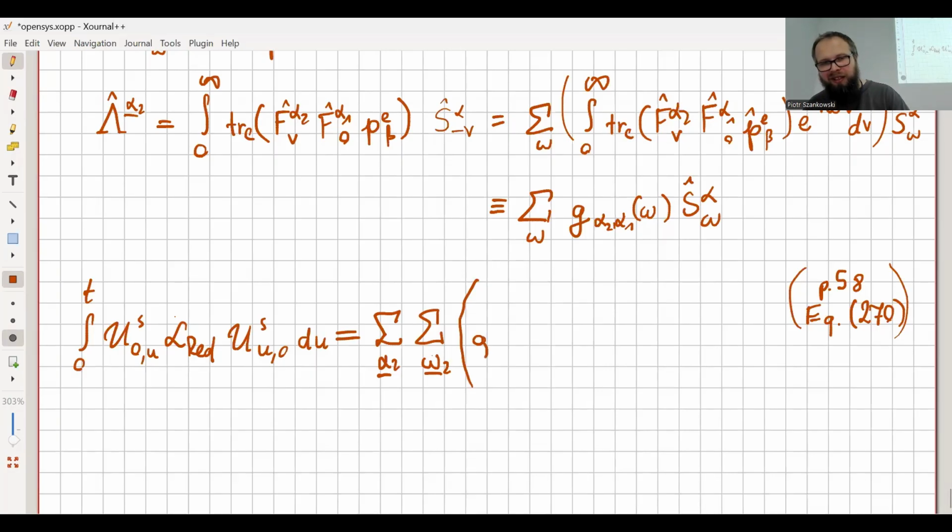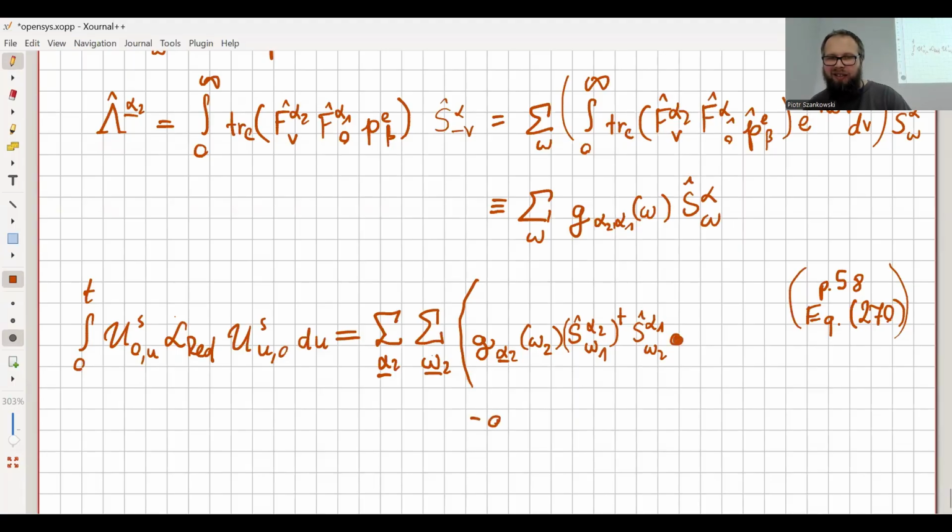We have our coefficient G_alpha2 alpha1 (omega2), S_alpha2(omega1) dagger, S_alpha1(omega2). So that's one, and bullet here on the right side.